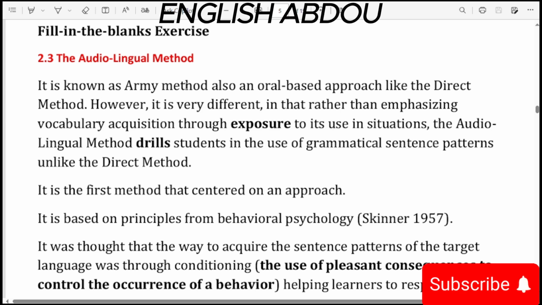So the linguists started thinking about a method that could suit them in that way. So they started thinking about audiolingual, in which they can hear what is going on and at the same time repeat it.